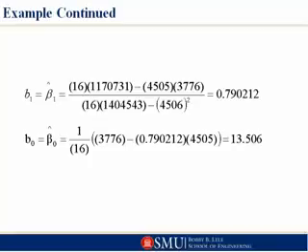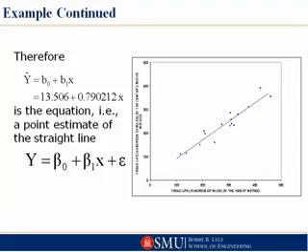Turns out that B0 is 13.5, and B1 is going to be 0.79 roughly. And so what we have is a line estimate, values estimates B0 and B1 drawn from our sample.